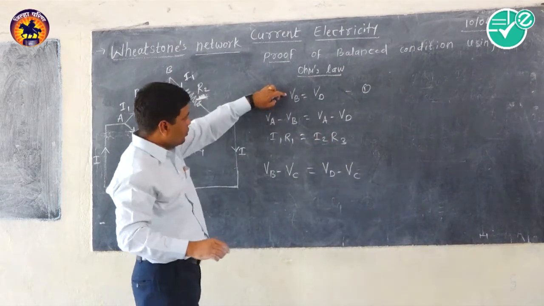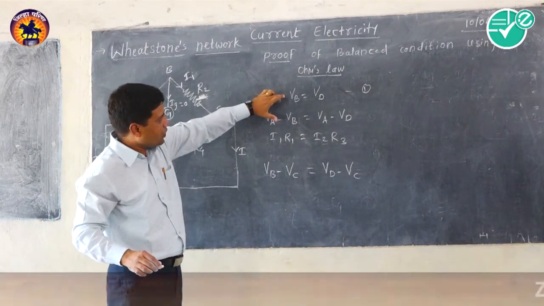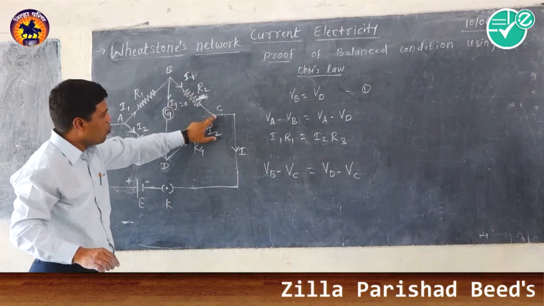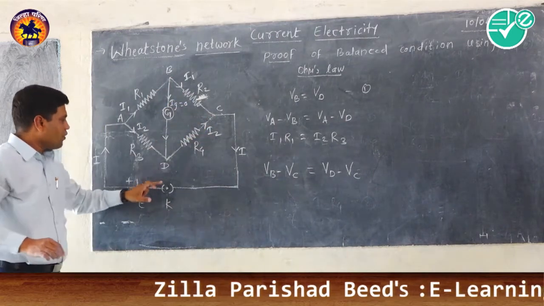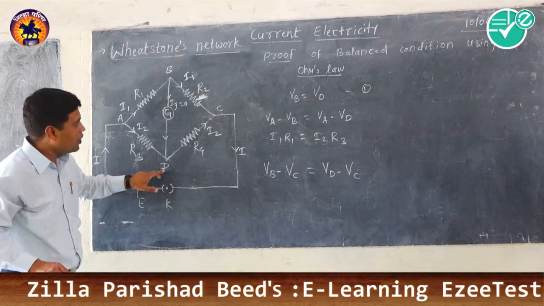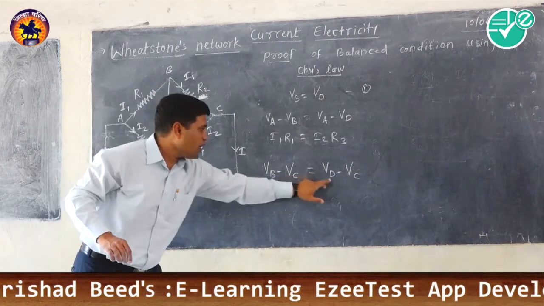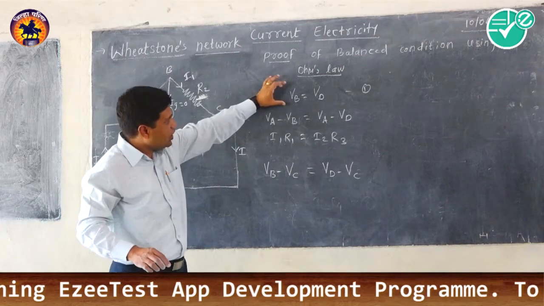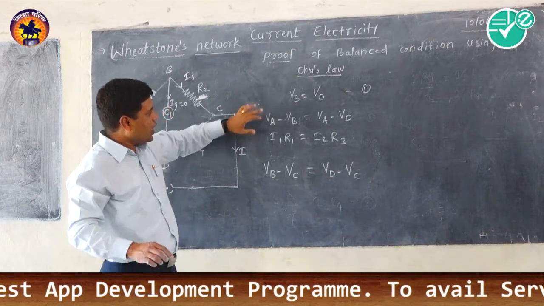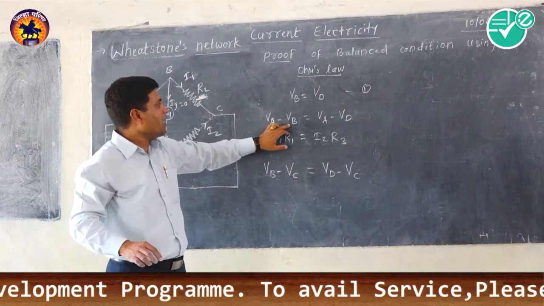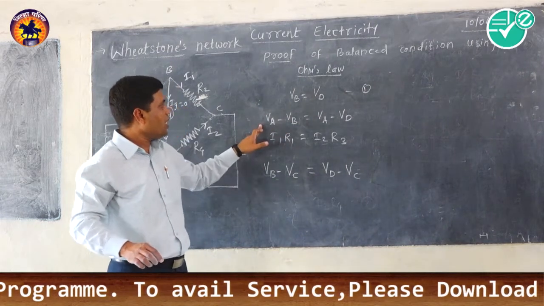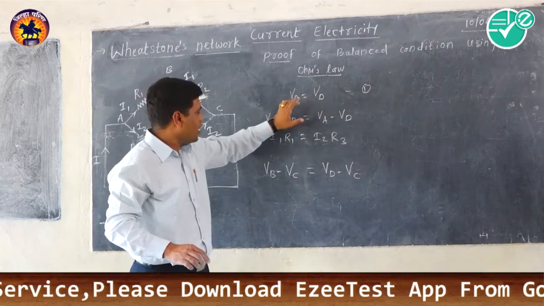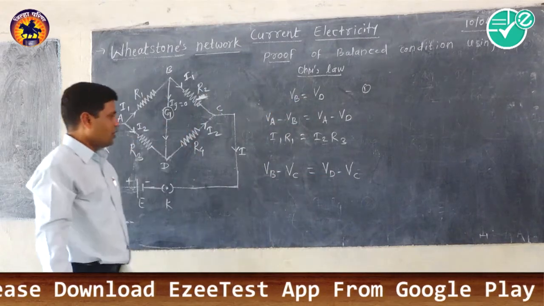That is, the potential of point B minus the potential of point C is equal to the potential of point D minus the potential of point C. In the first equation, we subtracted VB and VD from VA, and in the second case, from VB and VD we have subtracted VC.